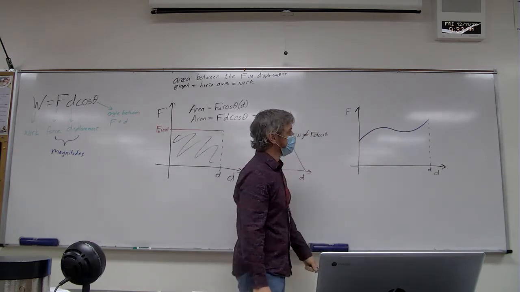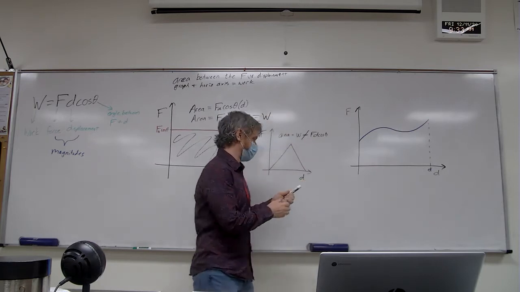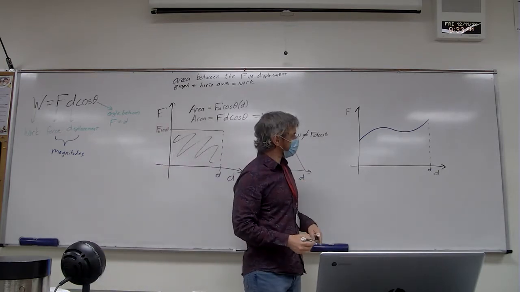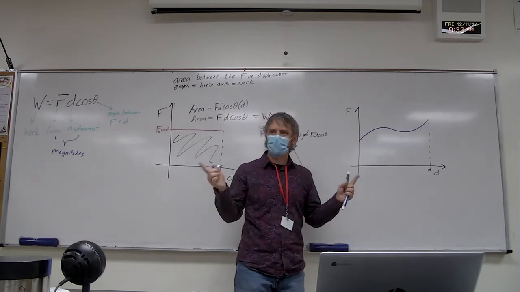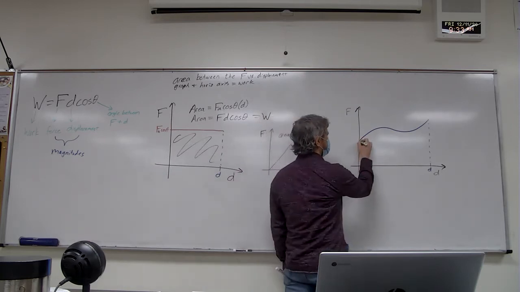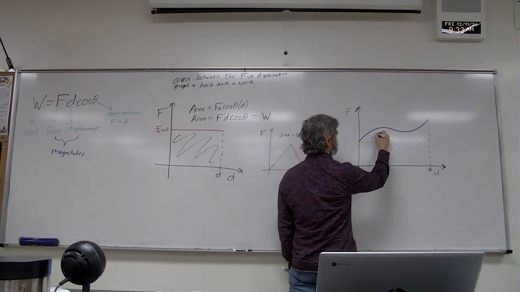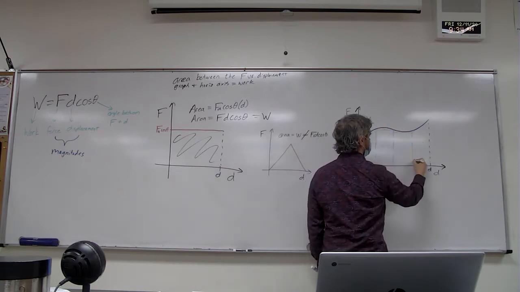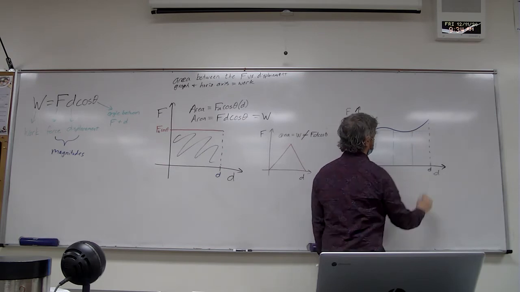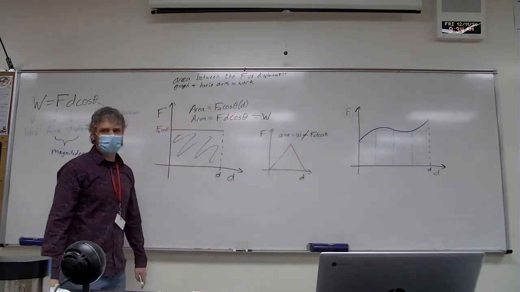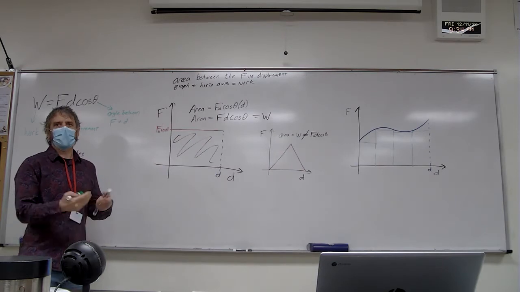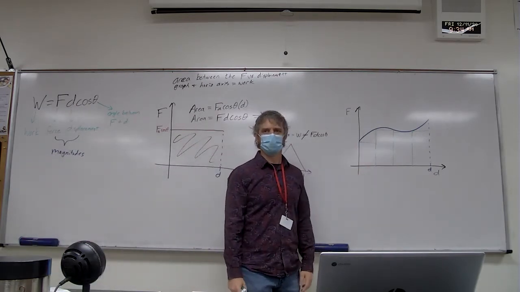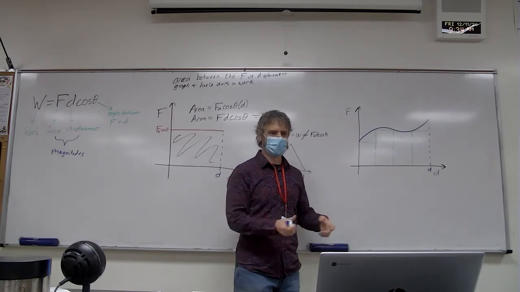I want to approximate the work done. Well, an easy way to approximate the area under a curve is just to draw a bunch of rectangles, right? If I find the areas of those rectangles and add them together, I have a rough approximation for the area under the curve. Are we good with that?